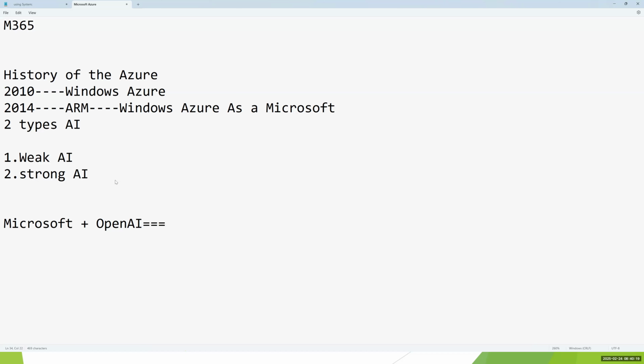Both together they came up with products. Whatever products they have launched, Microsoft can directly integrate with Microsoft products, like Windows Server, SQL Server, Microsoft Edge browser, M365 components, everything.